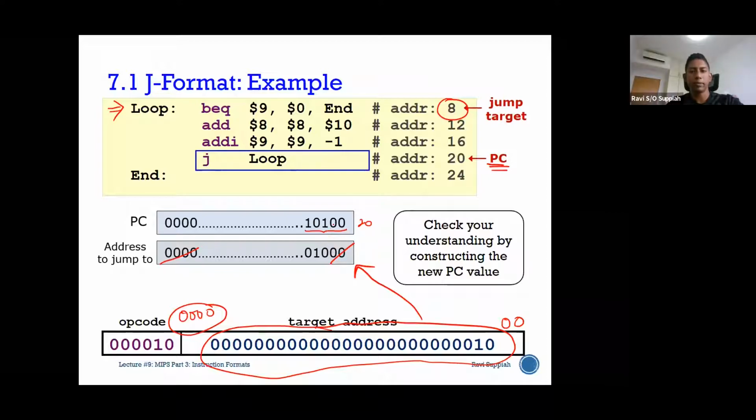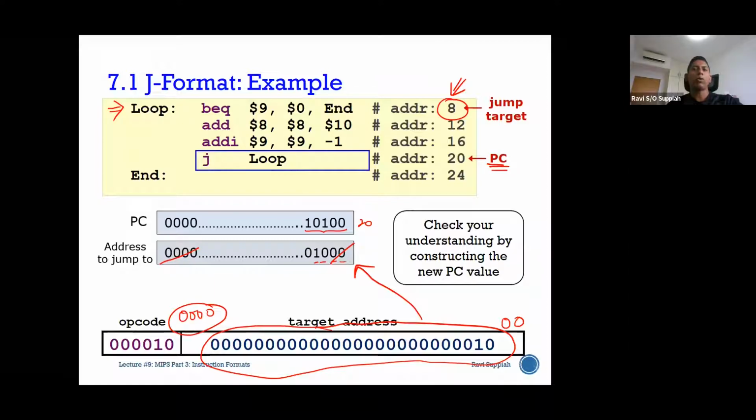In this case, it's a very small number, so you can expect that the upper 4 bits will remain the same. Now the address I want to jump to is address 8. If I were to write out the full address, it will be all zeros, and then the last 4 bits will be 1, 0, 0, 0.